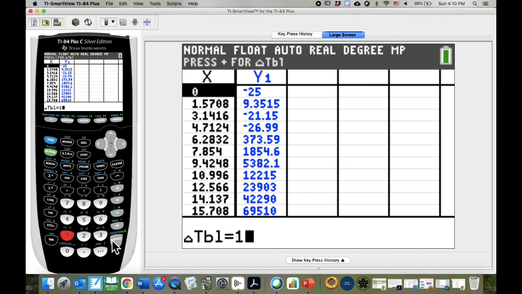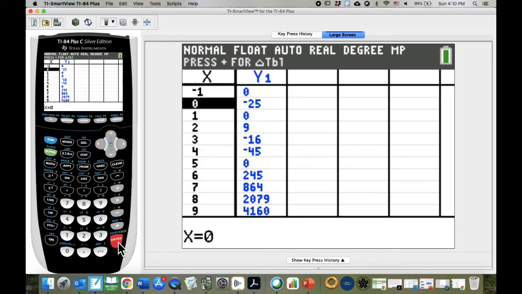So I'm going to hit 1, enter. All right, now I can see that I do have a 0 at 1, I do have another one at negative 1, and I do have one at 5. Now I didn't count by 0.5s. I could, and I'd show you that. To do that, I'm going to go to plus, change in table 0.5, enter.